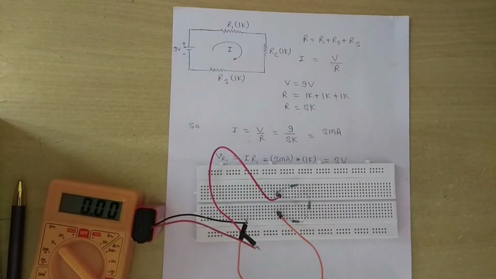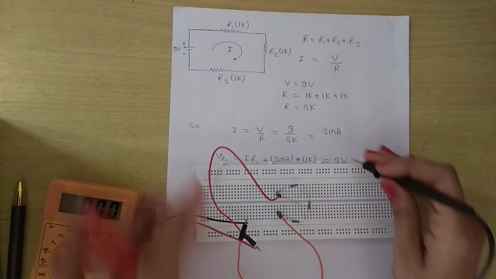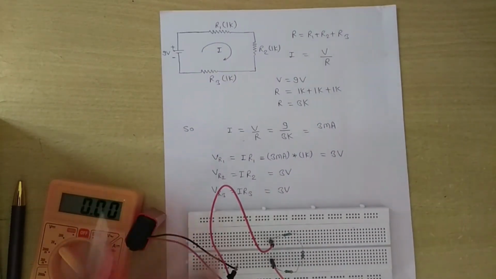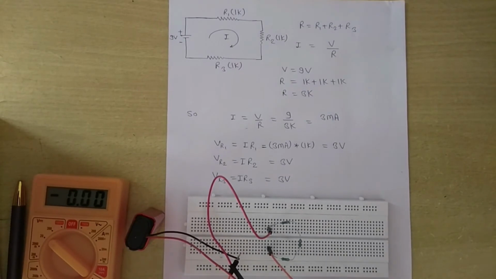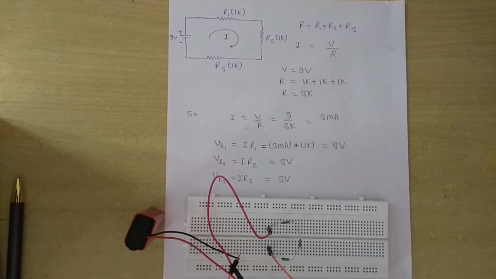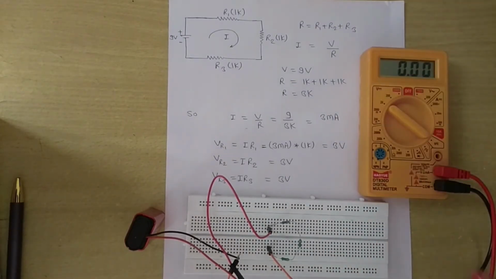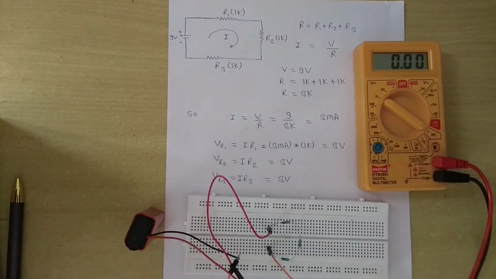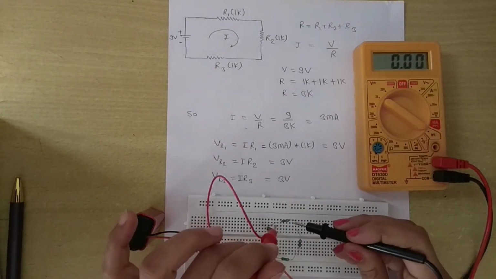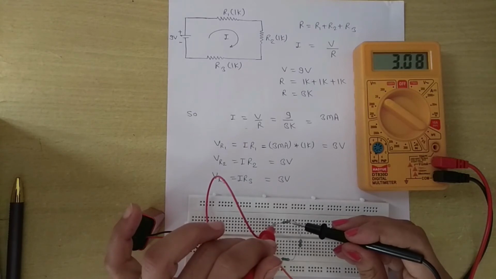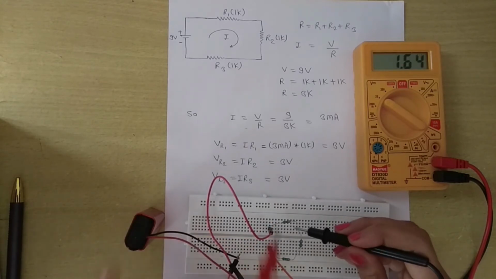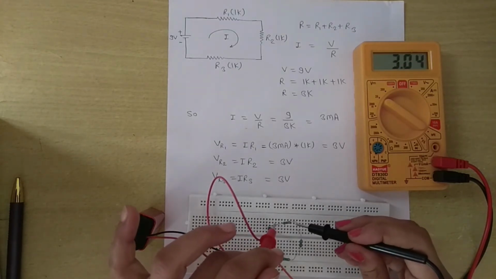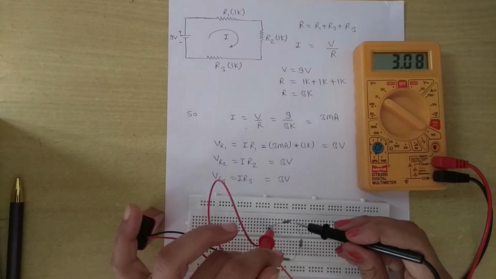Now we check voltage across each resistance. So I place it here. For measuring voltage across this resistor, I am placing this red probe here and black probe here. It is 3.08 volt.